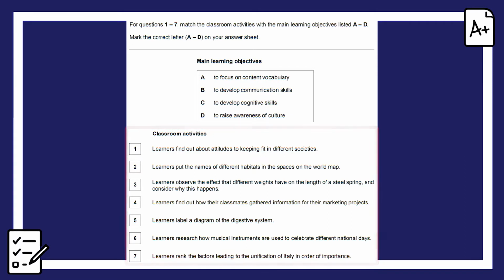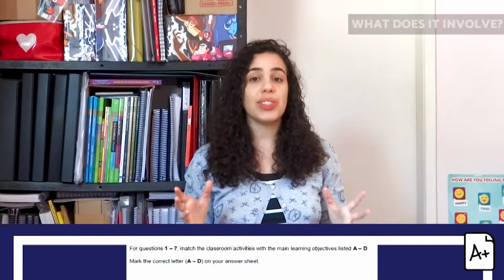This is a matching activity. For each question, you choose A, B, C, or D. As you can see, the tests are quite simple with A, B, and C options. In this case, there is also the D. You just have to be careful when reading what is asked and when answering, when shading your answers.